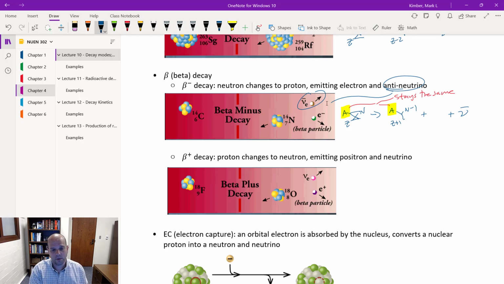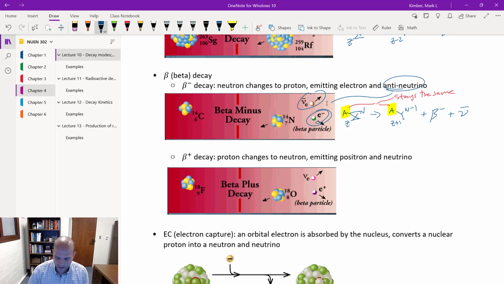As the neutron changed to a proton, it emitted this particle that has the same mass as an electron, same charge as an electron. But a lot of times you'll see instead of labeling it with an e minus, just beta minus. But keep in mind it's the same mass as an electron, and in this case it's the same charge as an electron. So that's our beta minus decay.